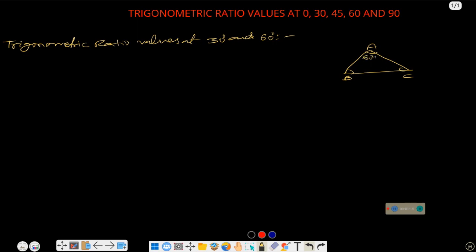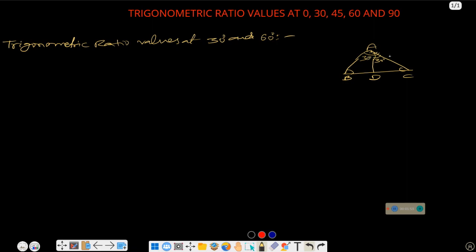But to find the trigonometric ratios at 30 degrees, we have to bisect angle A. So we have to draw one bisector of angle A. So AD is the bisector of angle A. Bisector means this angle is how much here? 30 degrees, and this is also 30 here.